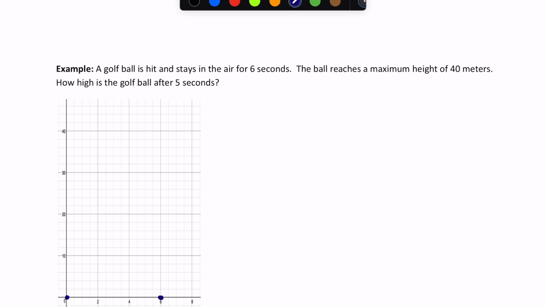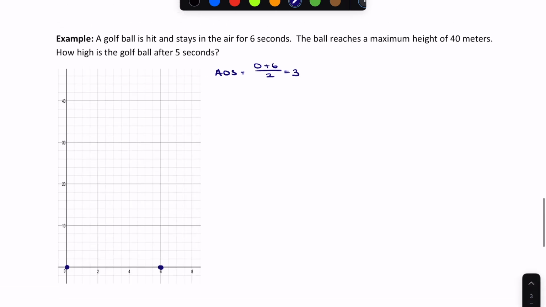If we take our two x-intercepts, we know that the middle, so the axis of symmetry, is equal to 0 plus 6 divided by 2, which is equal to 3. So at 3 and 40, that will be where the maximum or the vertex is. So 3 is right here. So at 3 and 40, that's where the maximum is.